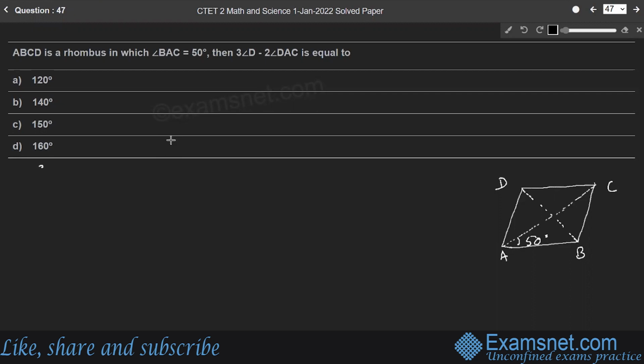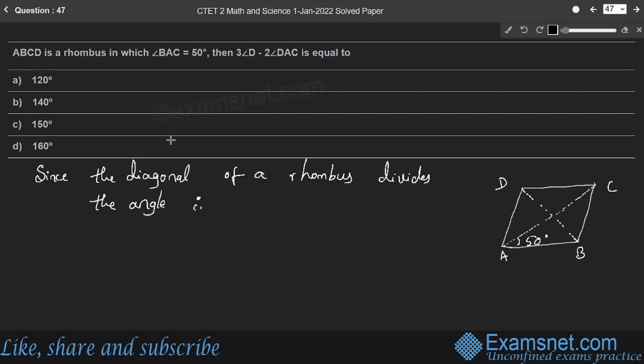Since the diagonal of a rhombus divides the angle into two equal angles, therefore angle BAC is equal to angle DAC, which is equal to 50 degrees.